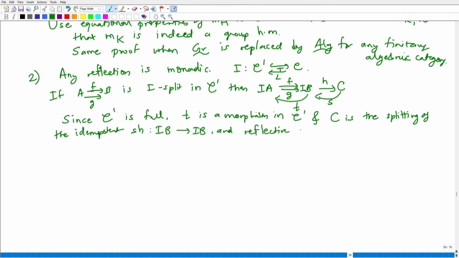Reflective subcategories are closed under limits. Hence C is an object of C prime.